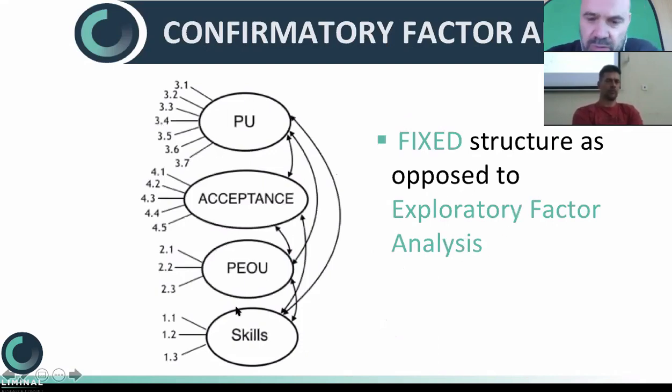Usually what people do is they mix the two, or you just use exploratory factor analysis as your validation and you stop there, because people don't have the luxury to do 2 studies, say for instance for a PhD. But the ideal would be to then, as a second step, after you've done an exploratory factor analysis yourself, do a confirmatory factor analysis, and this here would be a confirmatory factor analysis.